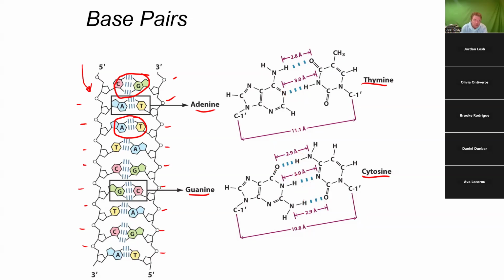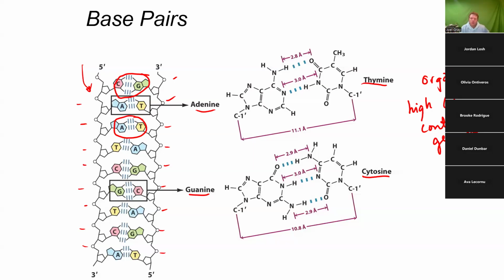It is. That's significant because if you have a molecule or an organism that has a high GC content genome, what does that mean? Well, that means it has a high percentage of guanine and cytosine within its genome.